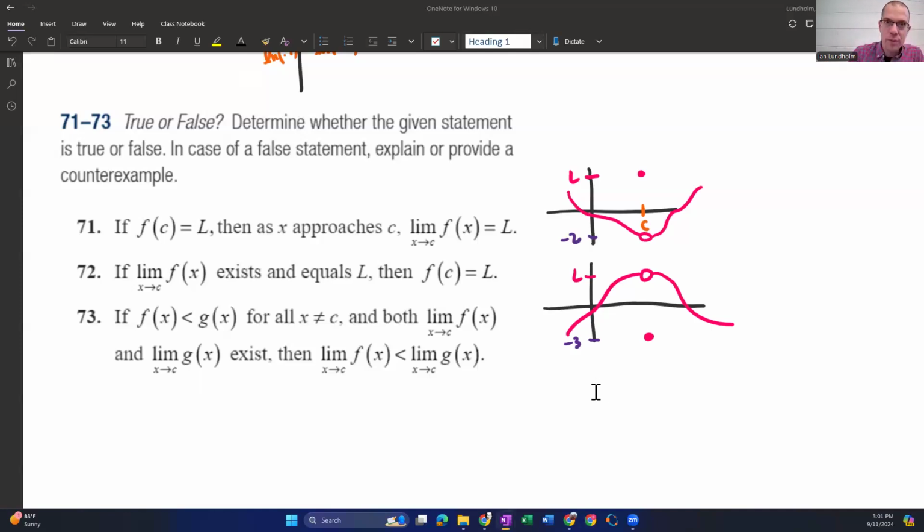The idea is we've got here. F is always smaller, so let's do F like this. Okay. And let's do G like this.